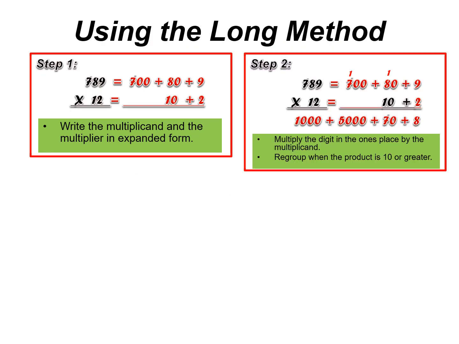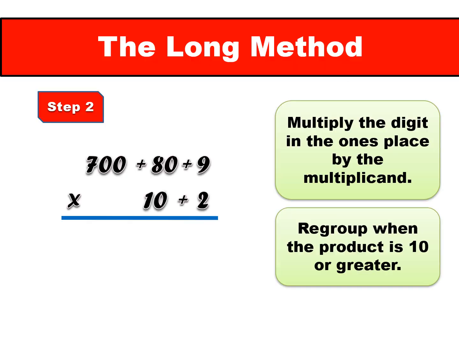Step 2. Multiply the digit in the ones place by the multiplicand. Regroup when the product is 10 or greater. We have 2 multiplied by 9 is 18. Bring down 8. Regroup 10 in the tens place. 2 multiplied by 80 is 160.